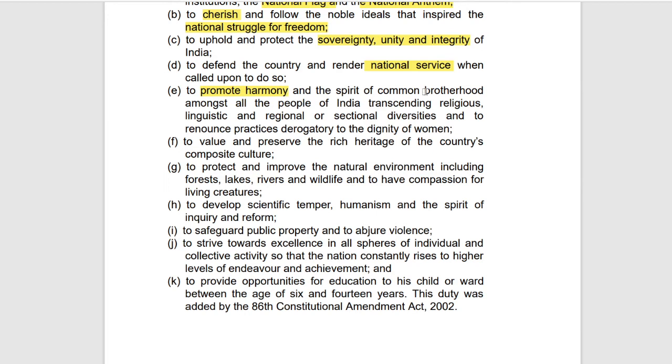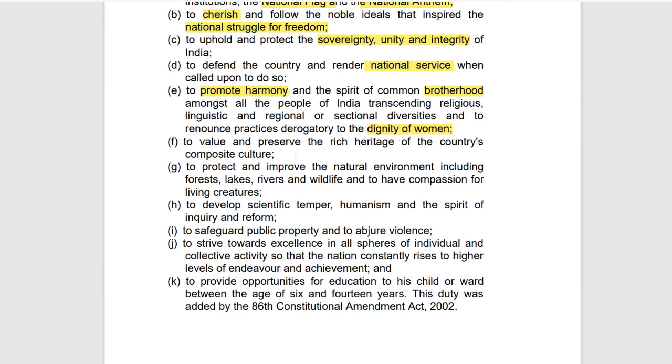Harmony, brotherhood. That's sufficient. Now what is the meaning of promoting harmony and brotherhood? Of course that will be promoted among the diverse population of India. At max you can also take this word also, dignity of women. So this will now tell you that the citizen should be concerned about promoting harmony, brotherhood, and dignity of women.